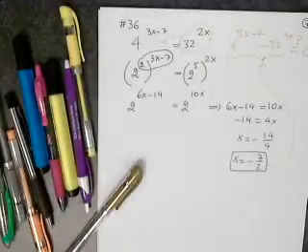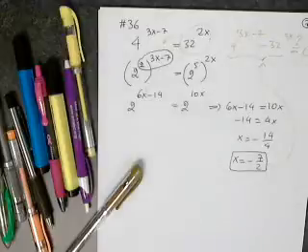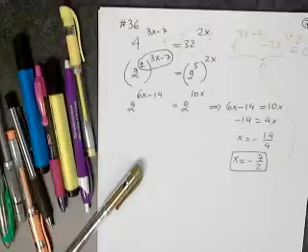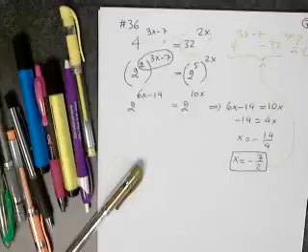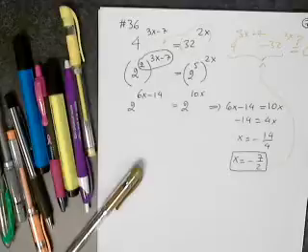So if you want to create just one function, I will put 4 caret in parentheses 3x minus 7, close the parenthesis, minus 32 caret in parentheses 2x, close the parenthesis.